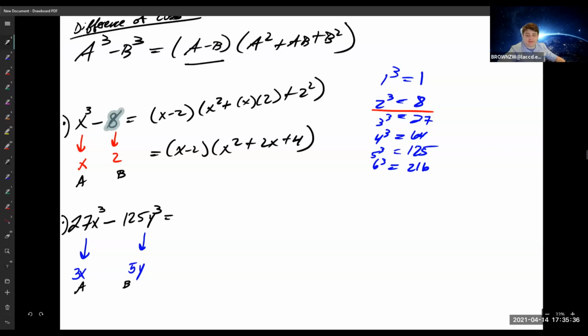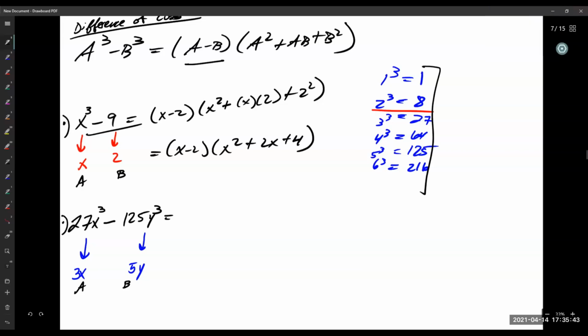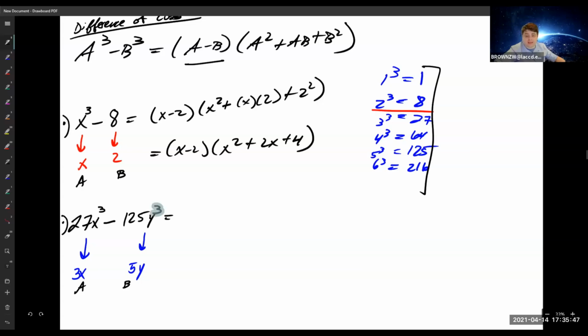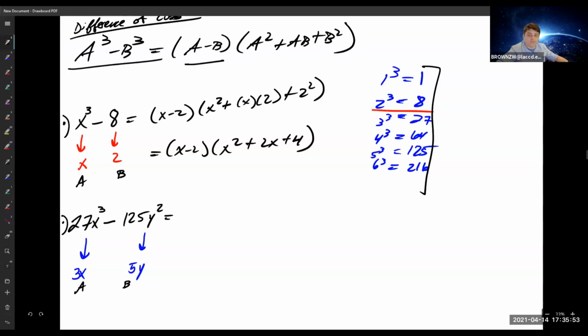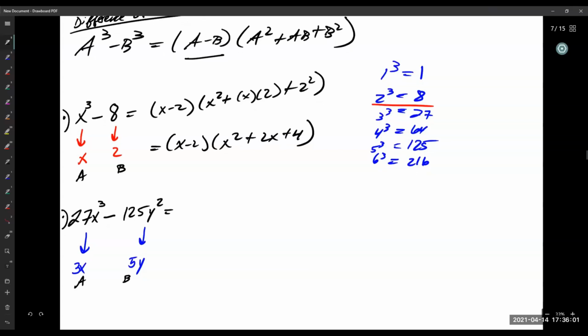If this had been a 9, we couldn't do this formula because this is my list of perfect cubes. Likewise, if this had been a y squared, that's not a perfect cube, so I can't use this formula. This formula only holds when both things are cubes. Does that make sense? Yes. Great. Thank you. No problem.